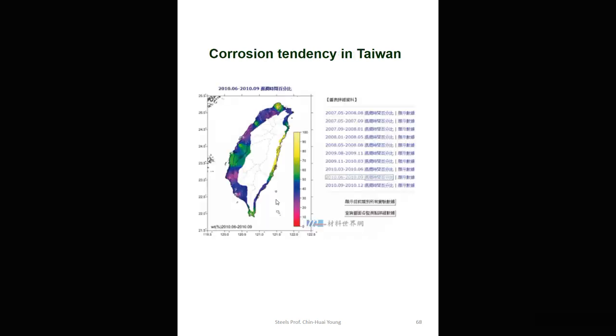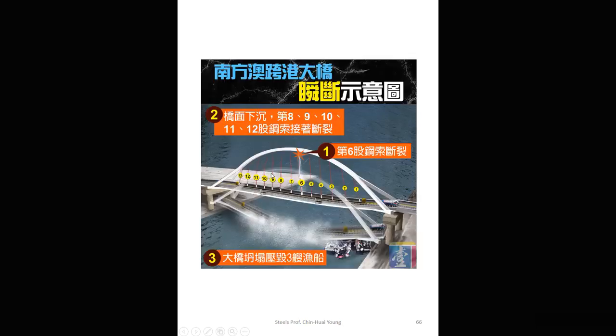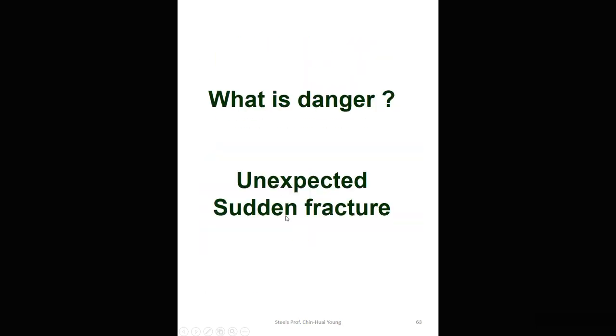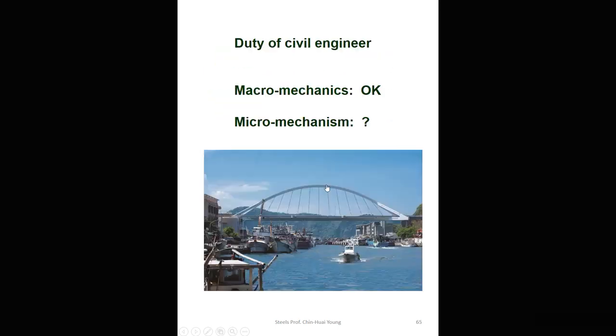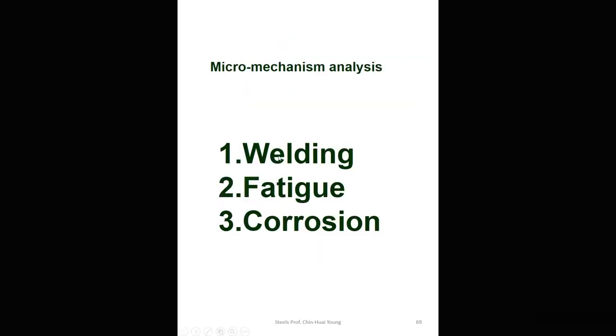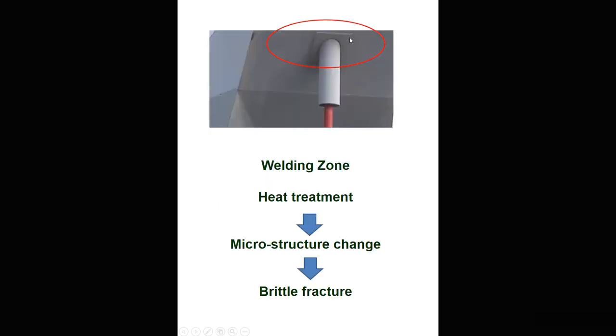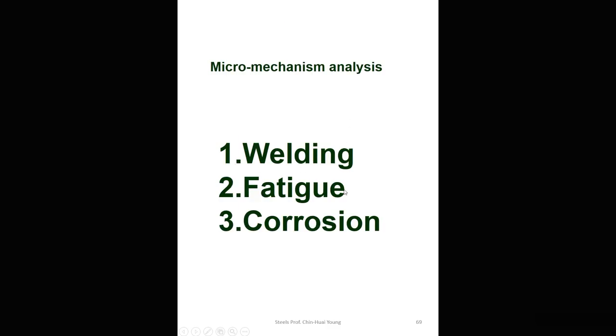And another is the cars. The cars come every day, so it's a kind of fatigue loading. I will tell you later. With fatigue loading, the strength will be lost every day. So the problems are corrosion and fatigue. And then there is some welding problem, welding here. So combine these three problems.